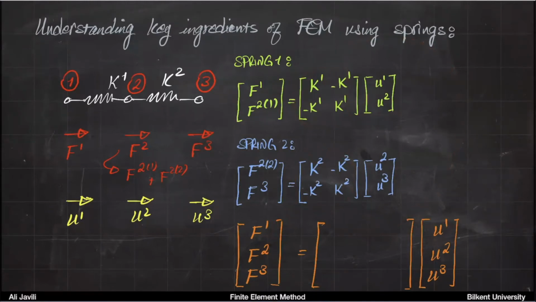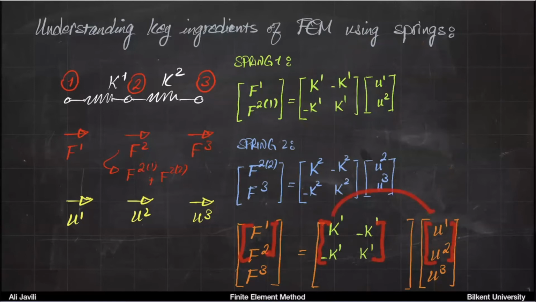So now you can see that the green components, they come here. So there would be K1, minus K1, minus K1, K1. So as if you have a little system here, you see? This is basically your green system.